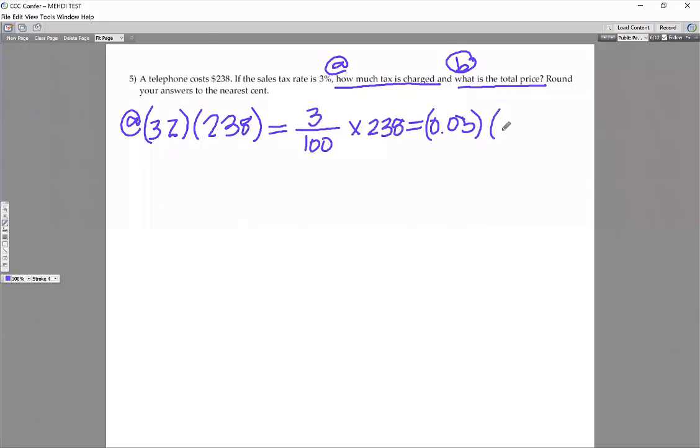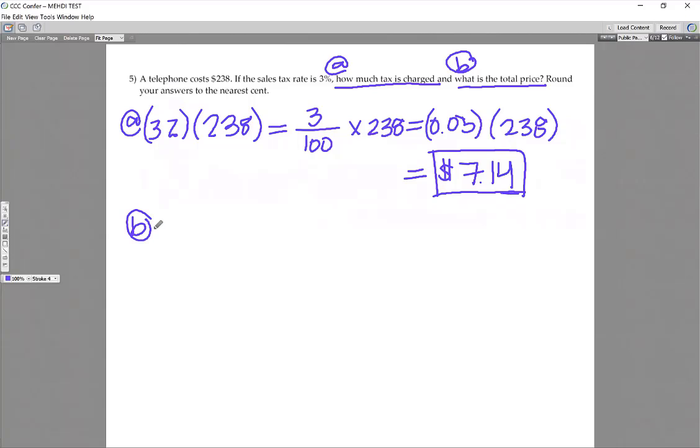We're going to multiply that by the telephone cost of $238, and after we plug it into the calculator, we get exactly $7.14. And we're told to round to the nearest cent. Everything following 4 is going to be a 0, so this is actually our final answer. $7.14. That answers part A, how much tax is charged, so that's the tax.